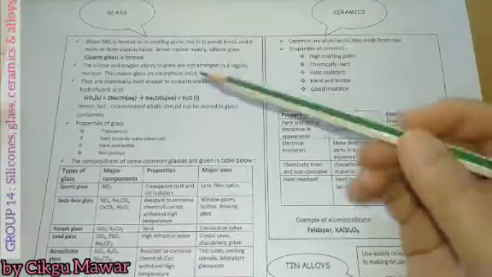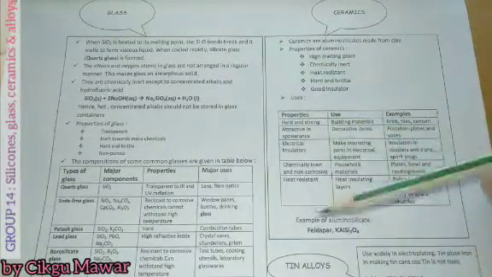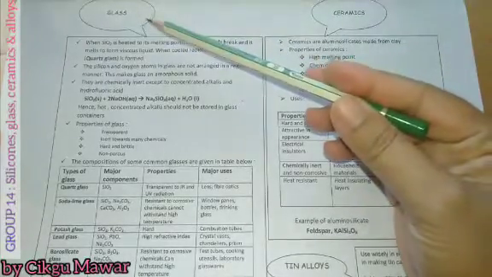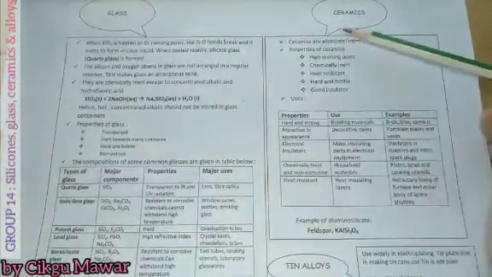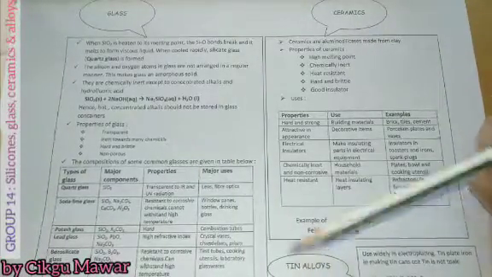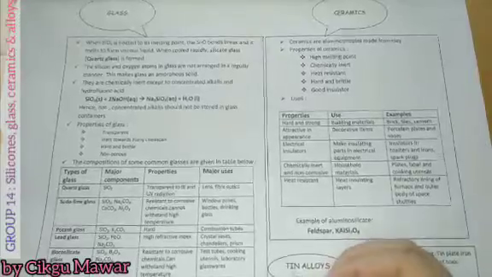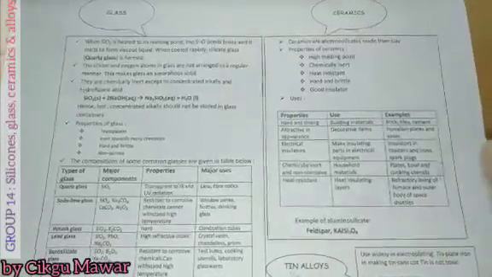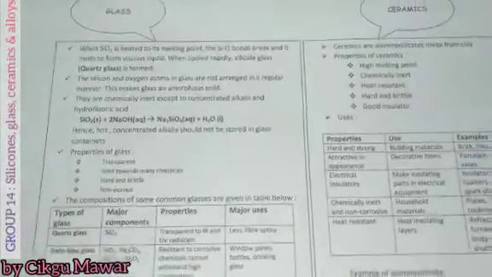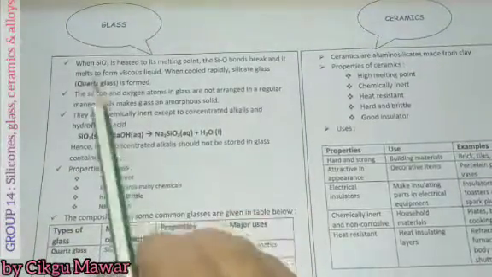Now we move to the other uses of group 14, which are in making glass, the second one is ceramics, and the third one is tin alloys. We know that tin is included in group 14. Now we move to glass.